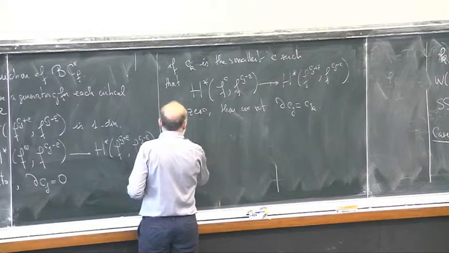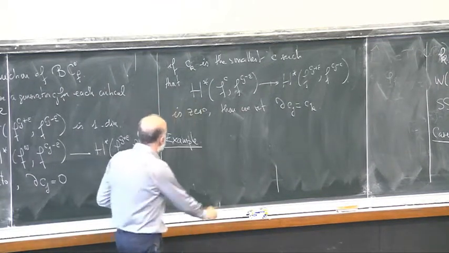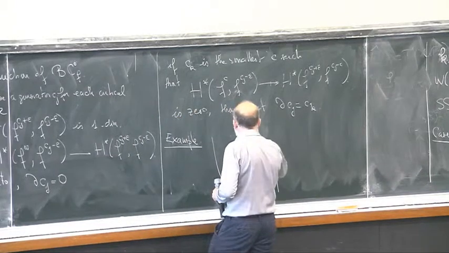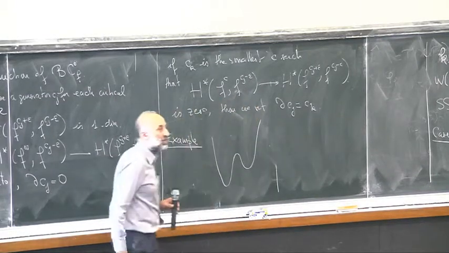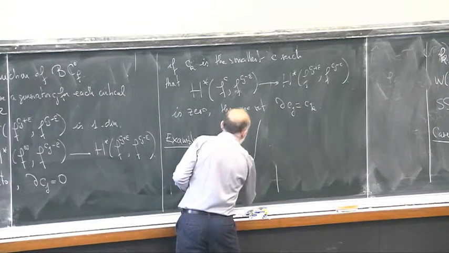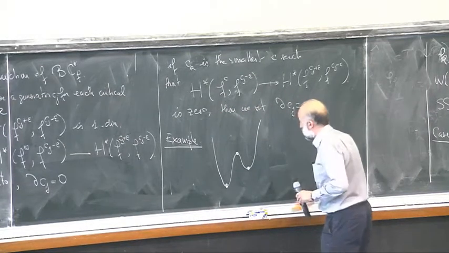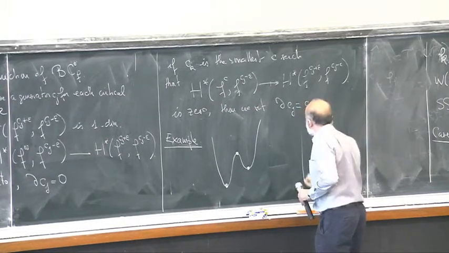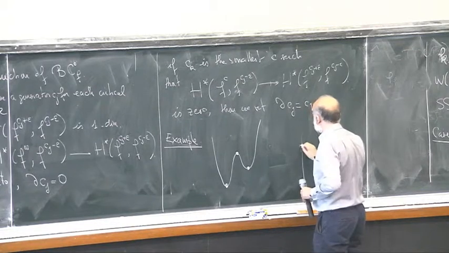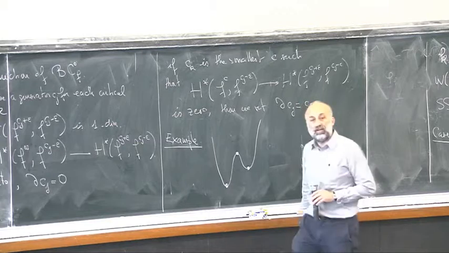So let me give you an example. Look at this function here. I have three critical values, one here, one here, one here. So my complex is going to have three generators, one here, one here, one here.